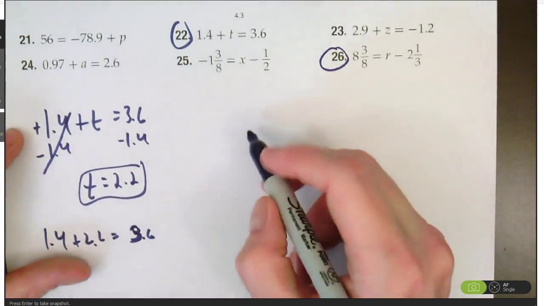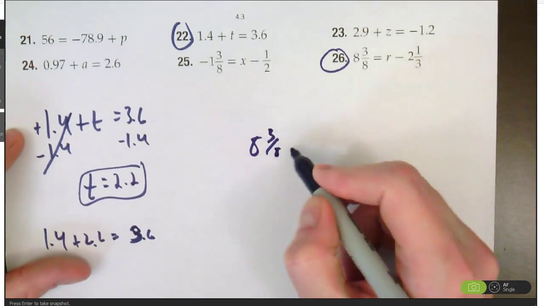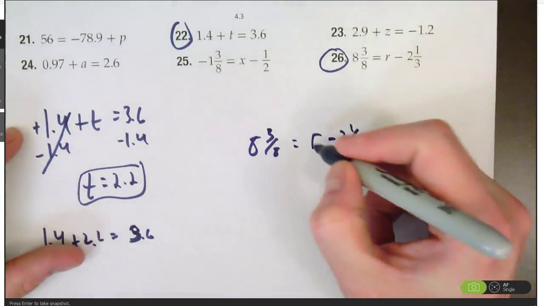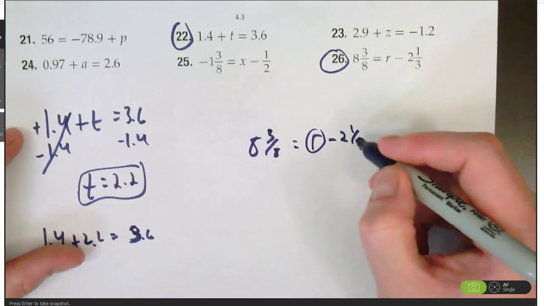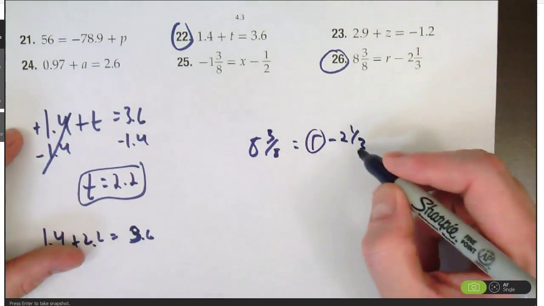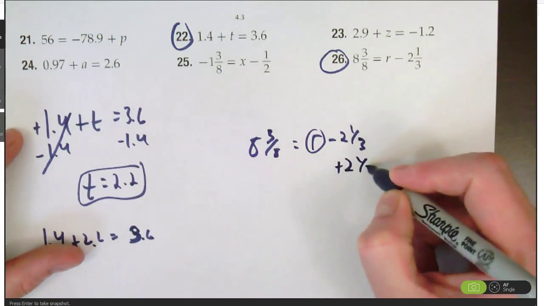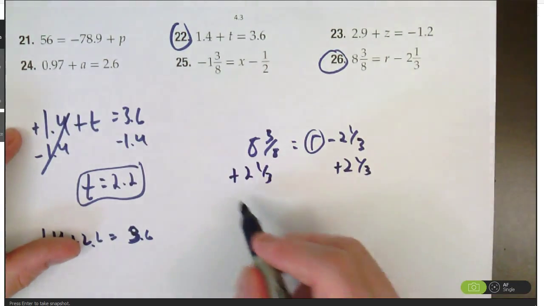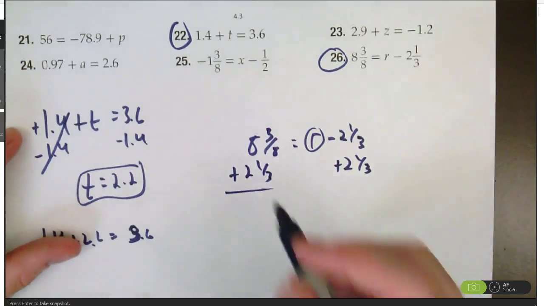26. I've got 8 3/8 equals r minus 2 1/3. Okay, so again, I want to get r by itself, so I've got to get rid of this negative 2 1/3 because what I'm doing is subtracting it. So I'm going to add 2 1/3. Okay, so the easiest way to do this is to keep it improper.